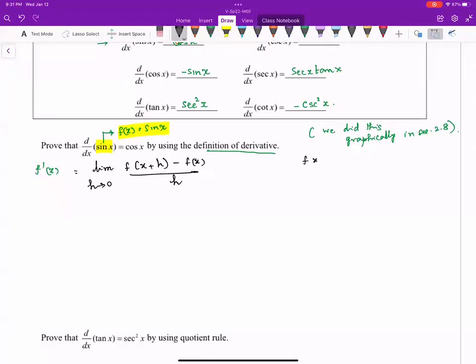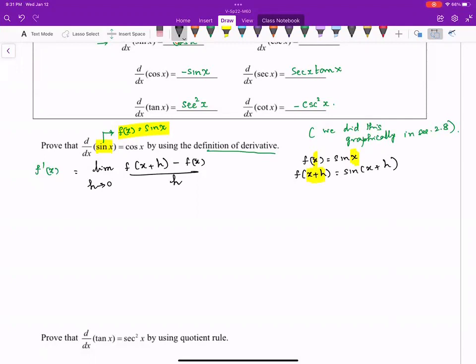What is f of x? Sine x. Then what is f of x plus h? Wherever x is, that must get replaced by x plus h. So this x here must get replaced by x plus h. Put that in parentheses. Will sine of x plus h be equal to sine of x plus sine of h? Can you distribute the sine?